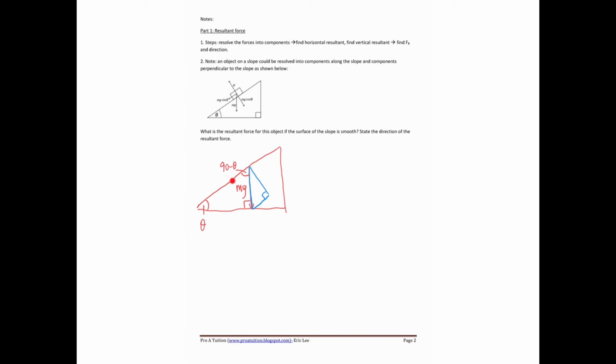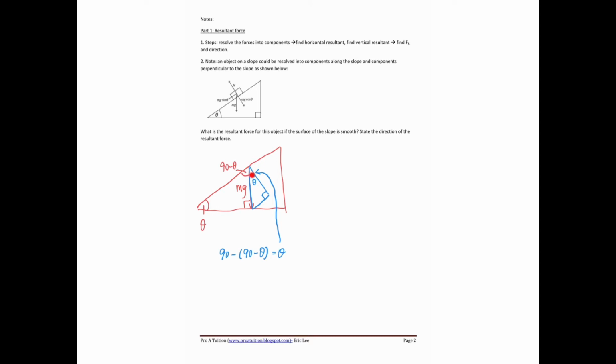As you can see, the inclined plane and the line that I show here are perpendicular to each other. So we should expect 90 degrees here. 90 degrees minus 90 minus theta, we still have theta. So that is the angle over there. So that is theta.